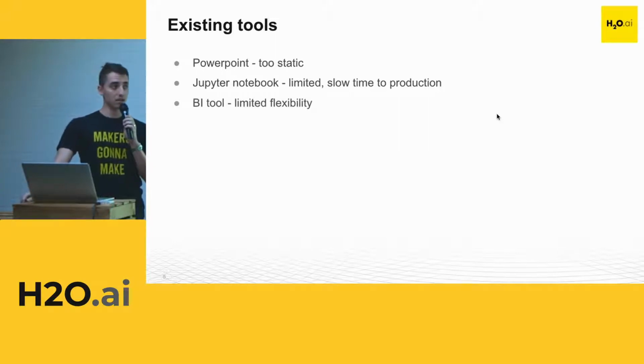Maybe a bit better, but still not a great option, is using a third-party business intelligence tool, which may be very fast when it comes to loading all your results and data. However, it may be troublesome when you need to make even small customizations, as it usually has all the stuff built in.